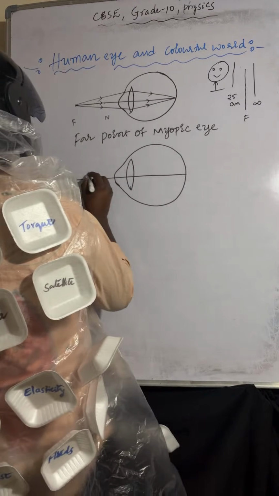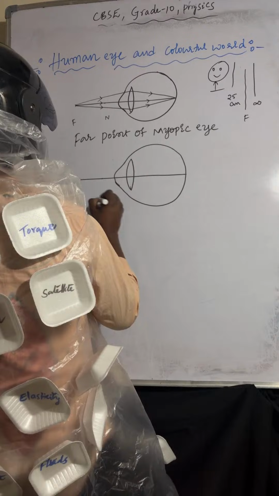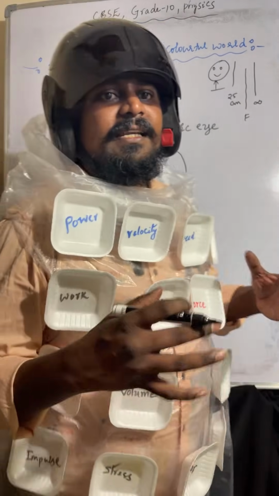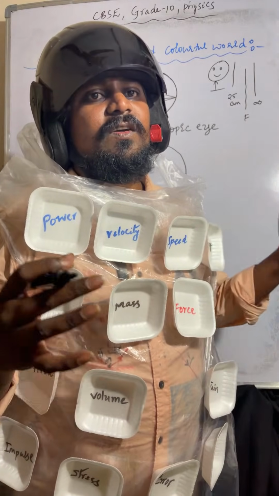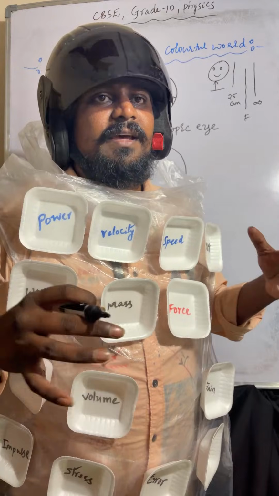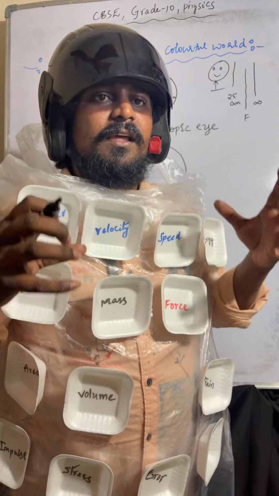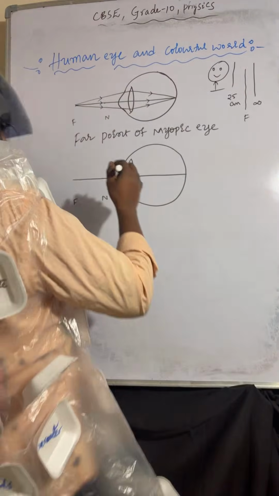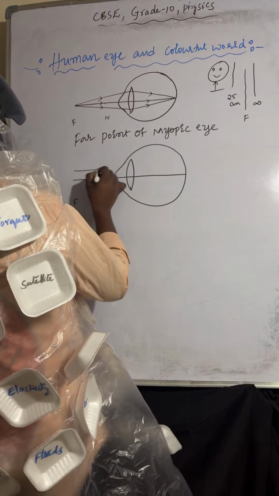If the light rays are coming from infinity, with this as the near point and this as the far point, those light rays will meet in front of the retina. Check once here.